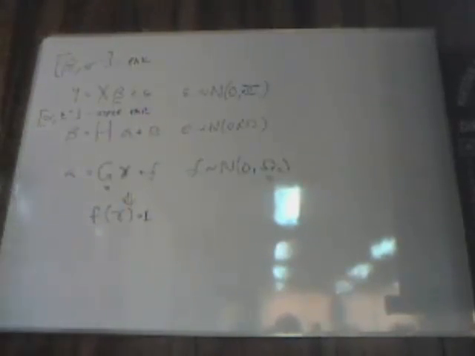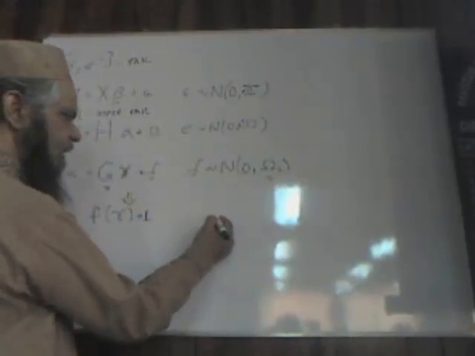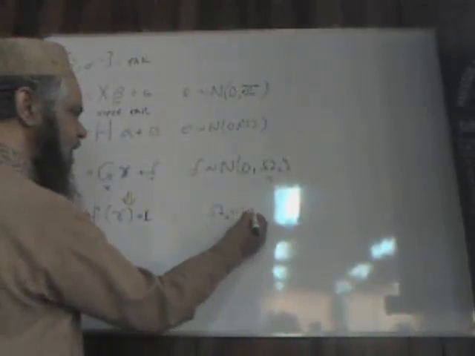And similarly, we can assume that omega 2 is equal to infinity, so that the prior at this stage has infinite variance. We have no information, but actually we will not assume that. But the thing is that we will allow this to go to infinity to get the results that we want. So now these are what you might call second stage.